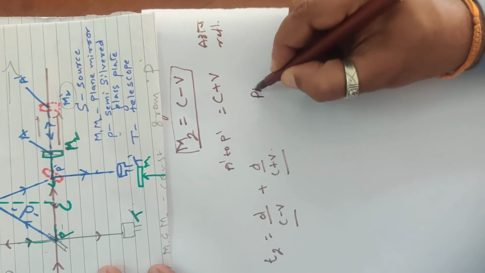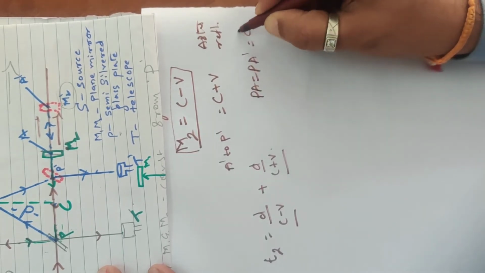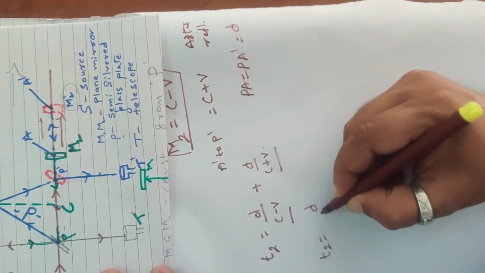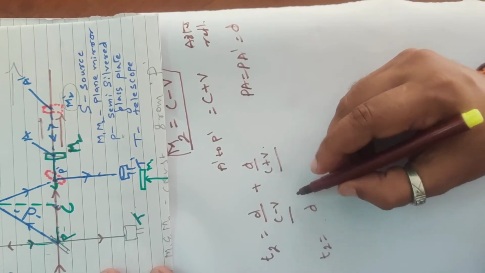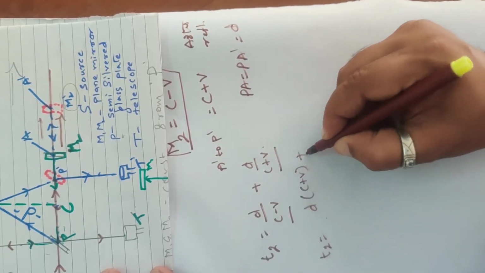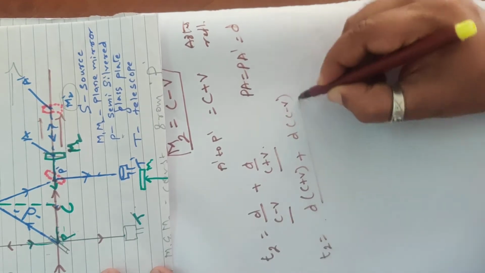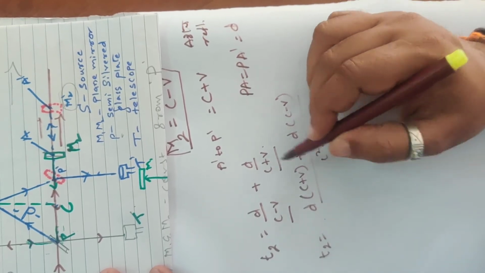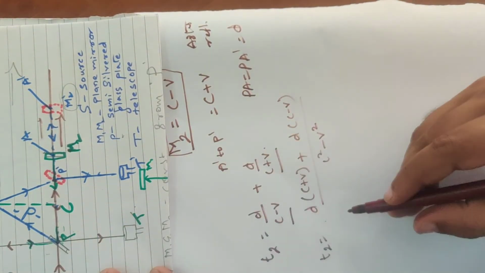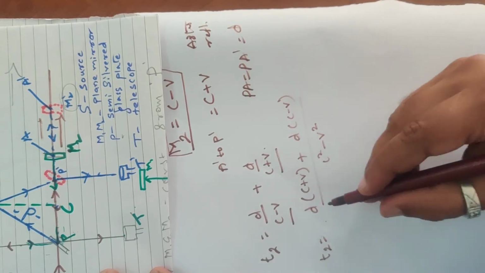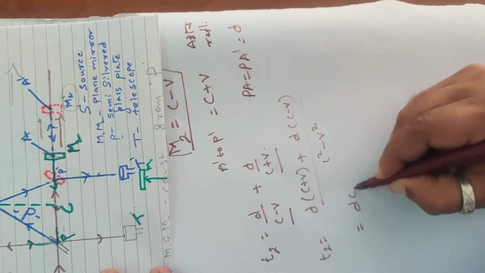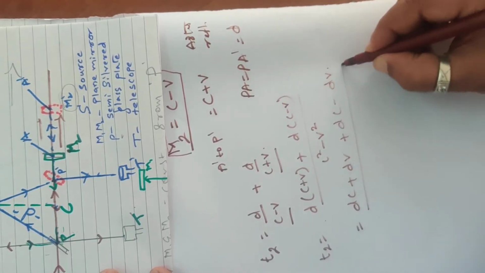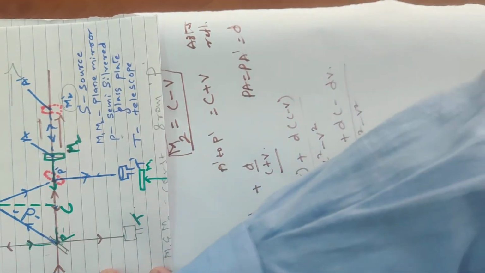As PA is equal to PA dash, that is d, I have written d itself. This I can rewrite as t2 equal to d into c plus v plus d into c minus v upon c square minus v square. It is an LCM that we have taken. Again I rewrite it, so the numerator is dc plus dv plus dc minus dv upon c square minus v square.